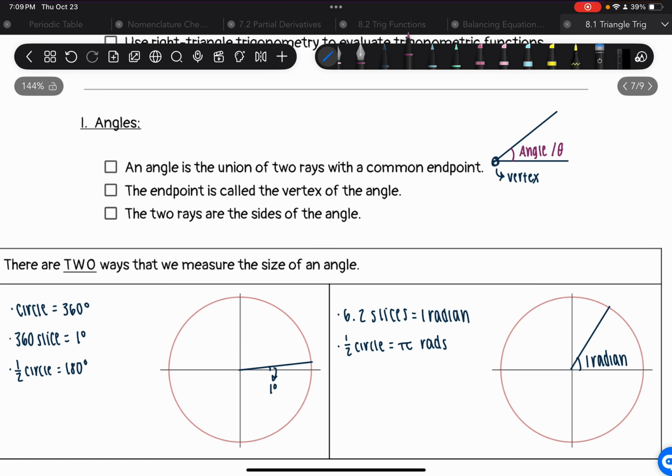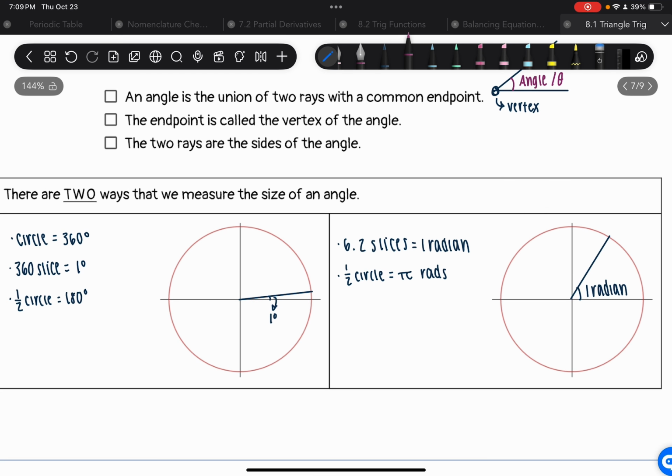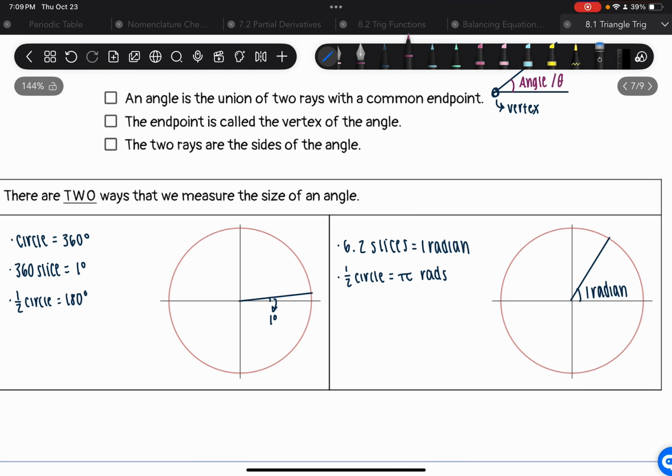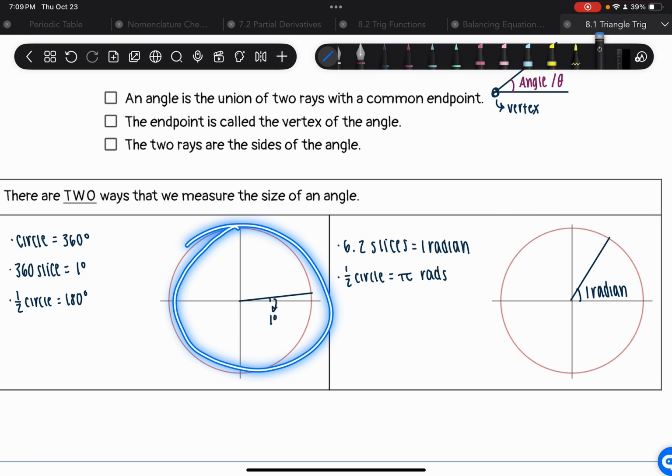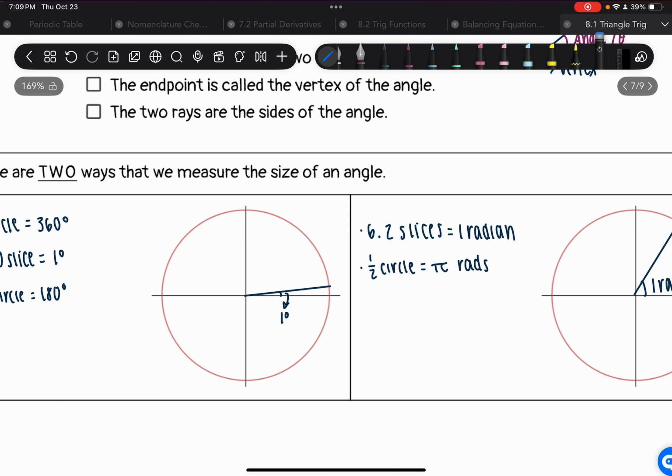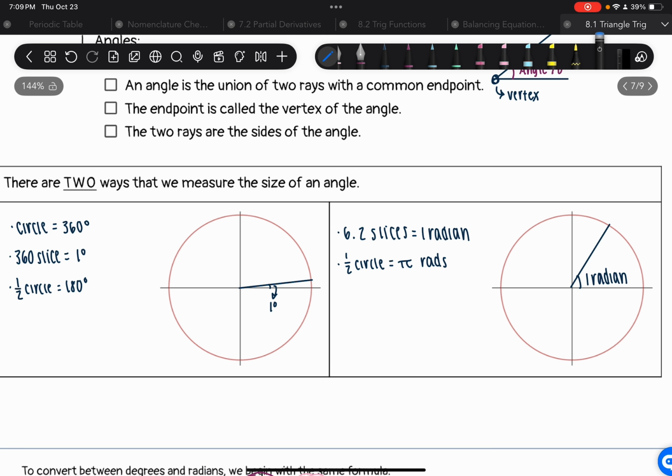So there are 2 different ways that we measure the size of a circle. A circle is 360 degrees, a whole circle. If we slice the circle 360 times, then each degree would just be 1, so our full circle is 360 degrees.